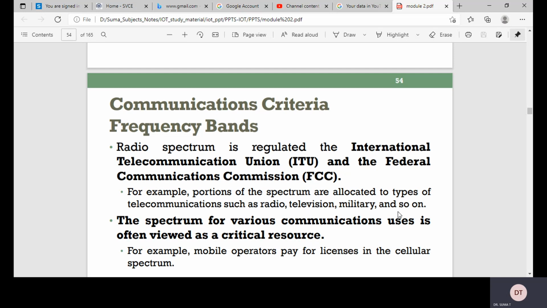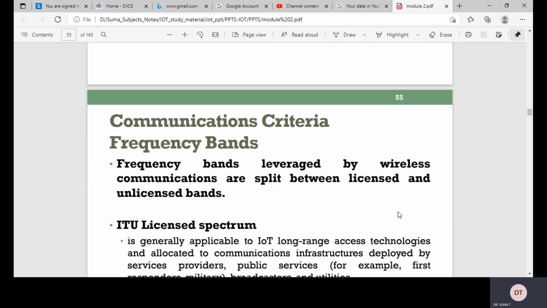When you are going to focus on Internet of Things access technologies, the frequency bands leveraged by wireless communications are split into licensed and unlicensed bands. Licensed spectrum is generally applicable to IoT long-range access technologies and allocated to communication infrastructure deployed by service providers and public services, for example, first responders, military, broadcasters, and utilities.